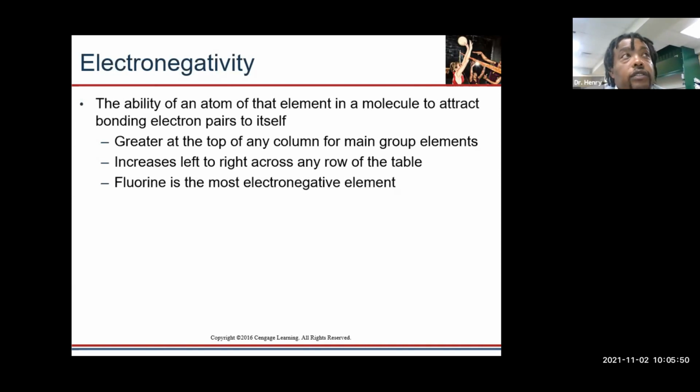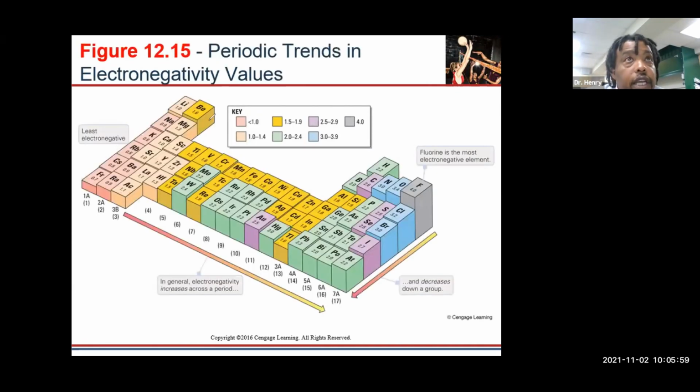So electronegativity. Let me show you the table. This is the table for electronegativity. As we go from left to right, we increase in electronegativity for the most part. There are a couple of exceptions. And as we go from top to bottom, we decrease in electronegativity.